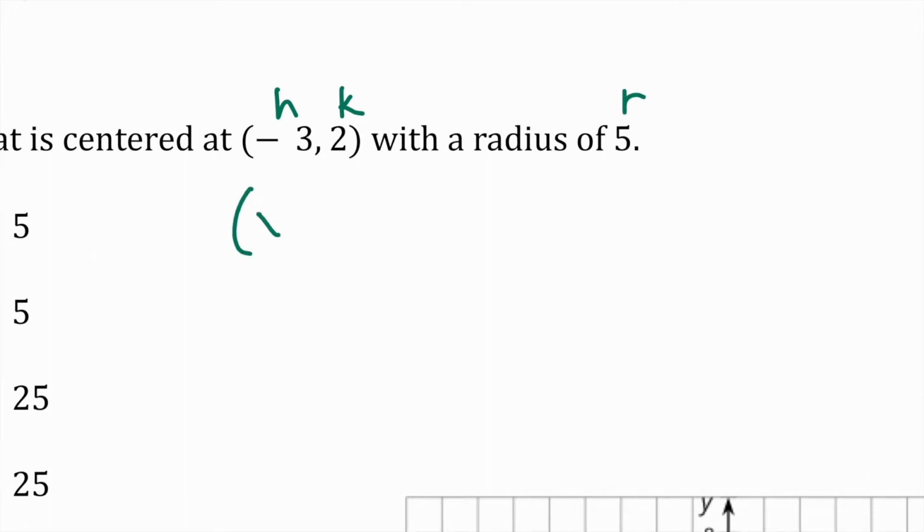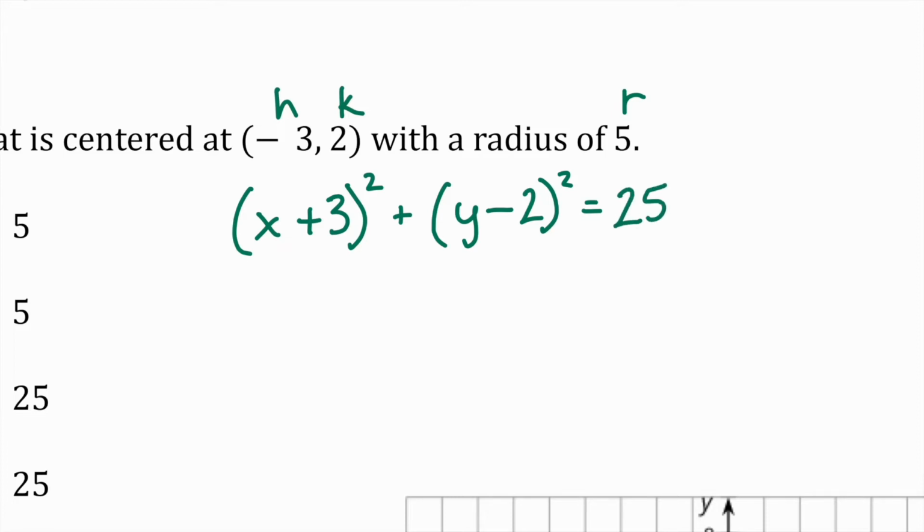I am going to have x minus -3 squared, so plus 3 squared, plus y minus k, which is 2 squared, is equal to r, which is 5 squared, which makes 25.